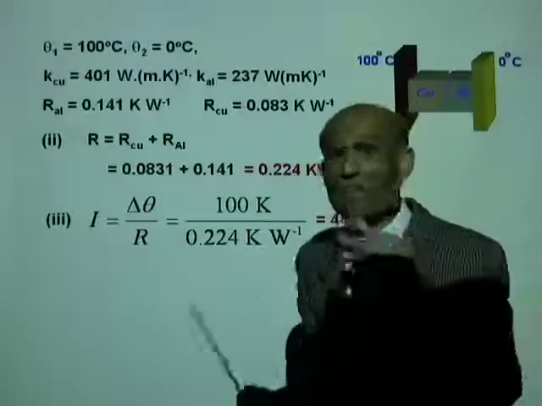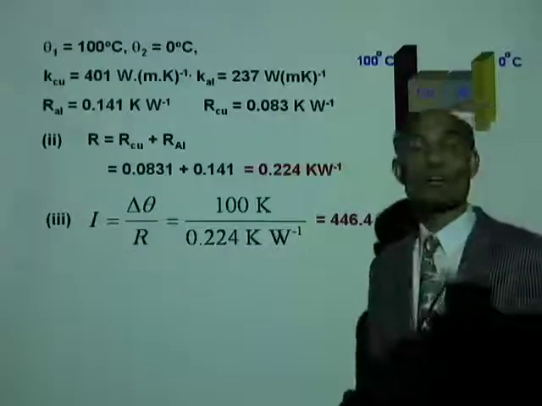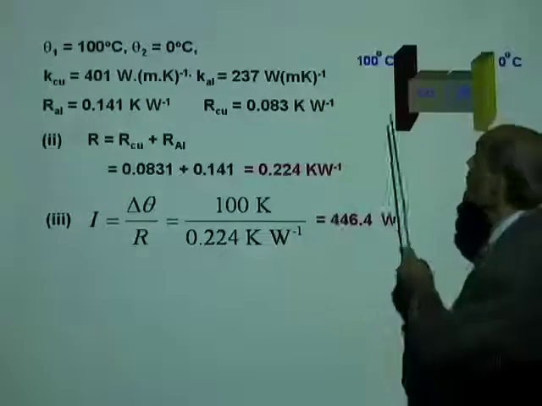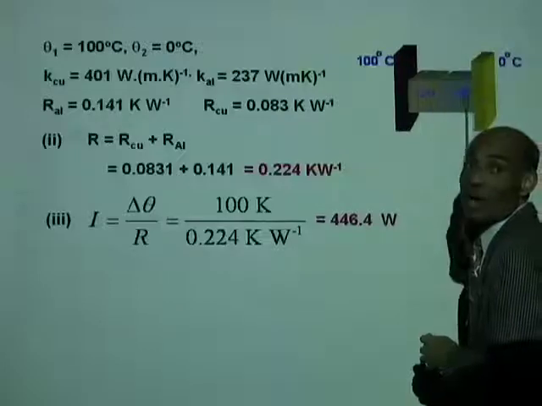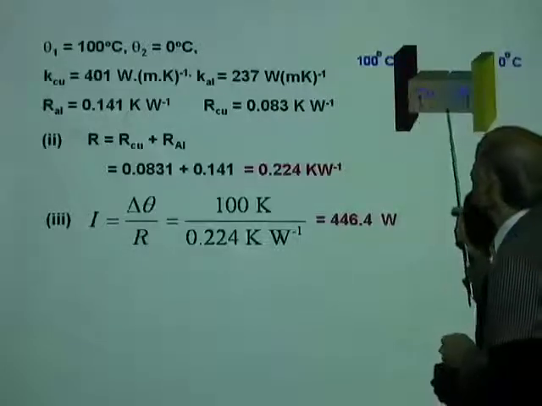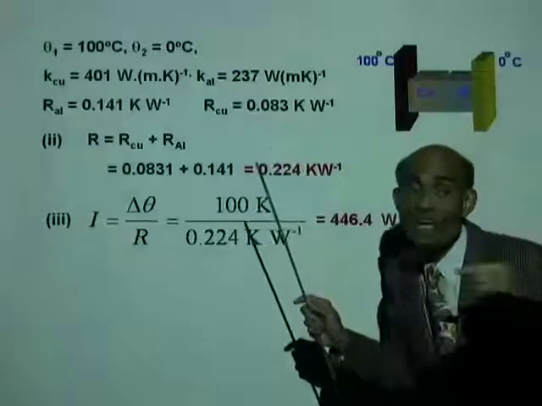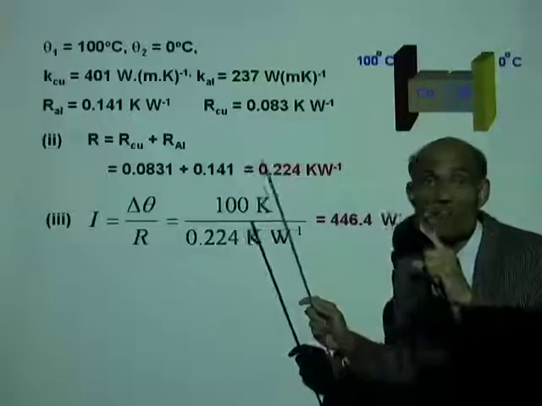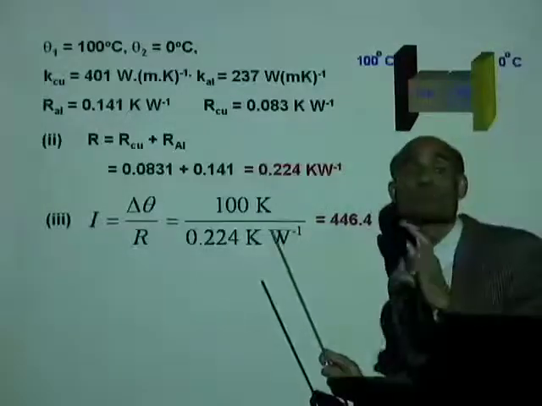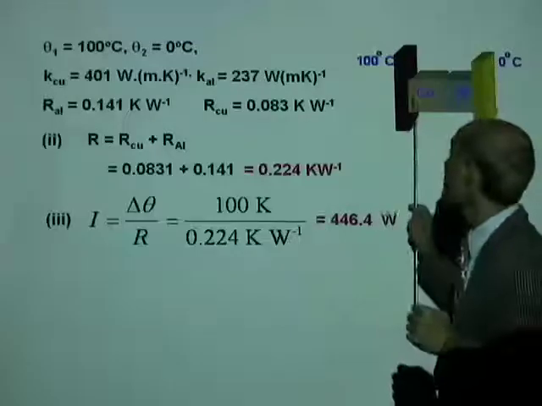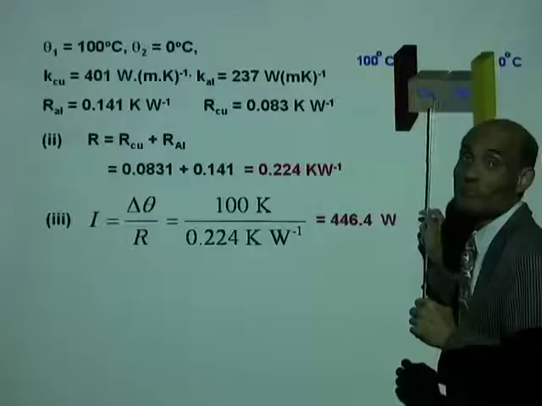Now let me ask you, what does it mean that the thermal current is 446.4 watt? It means if you stand anywhere along the length of copper and aluminum and measure the heat flowing across that section per second, it will be 446.4 joules per second. Now, will the thermal current be different in copper and aluminum?